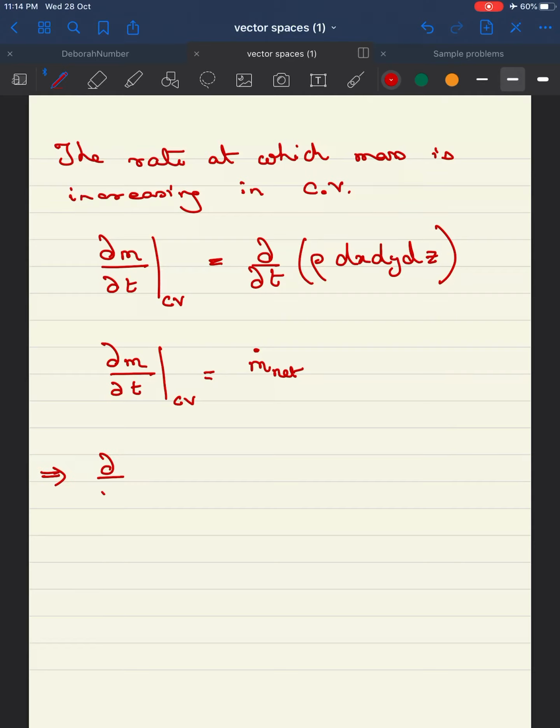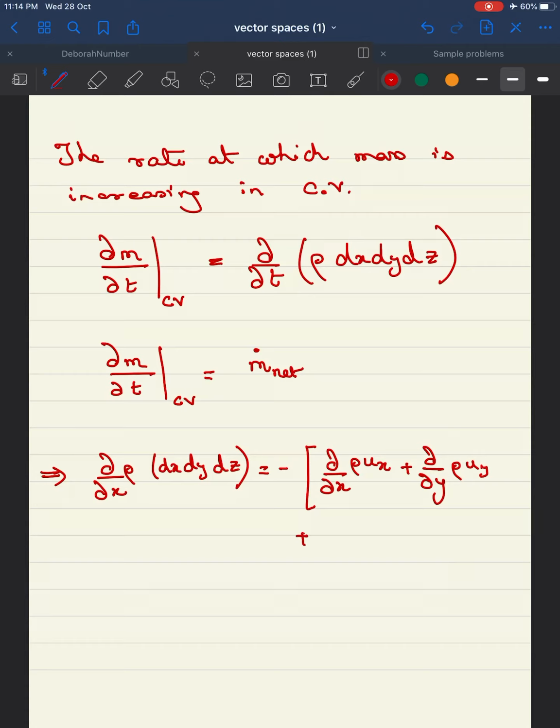So what do we get? This is del t of rho, of course you have the dx dy dz, right? And we will have that on the other side as well. So this quantity is rho ux plus del y of rho uy plus del z of rho uz.